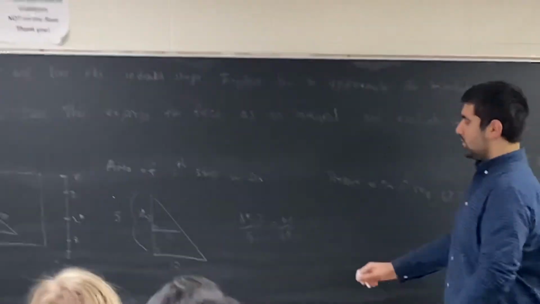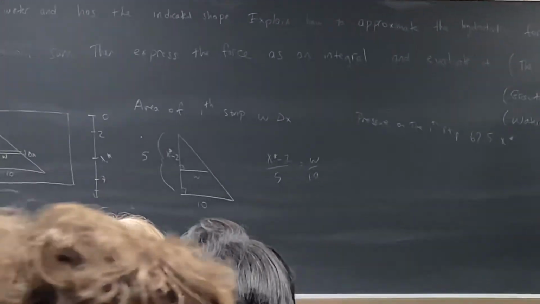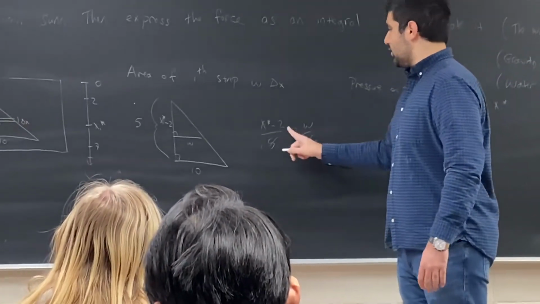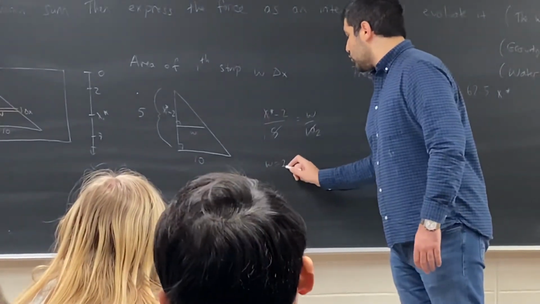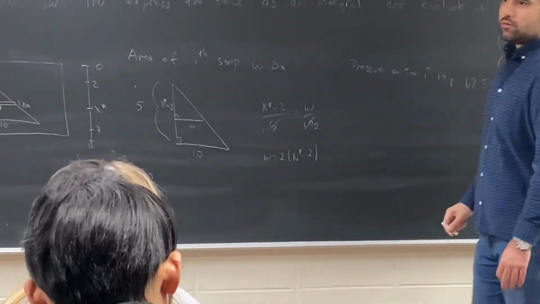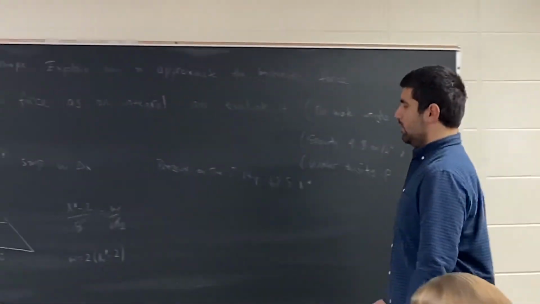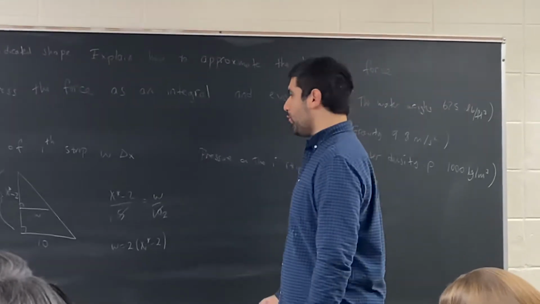So how can we express W in terms of xi star? Can we simplify 5 and 10? And then use the diagonal product. W is going to be 2 times xi star minus 2. Do you agree with that? Now, I think we're ready to set up the Riemann sum for the force.